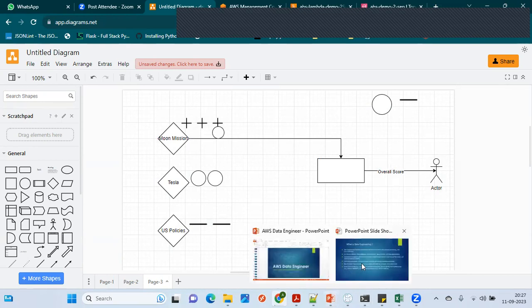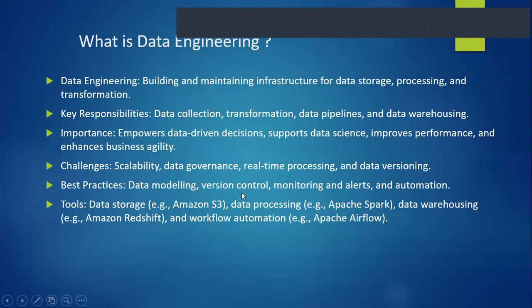If I go back now to my slide, in the data engineering definition, we have to collect data. Collecting data means collecting the tweets. Transformation means performing the sentiment analysis and then storing it somewhere, or generating the score. So you can see that we can make data-driven decisions.